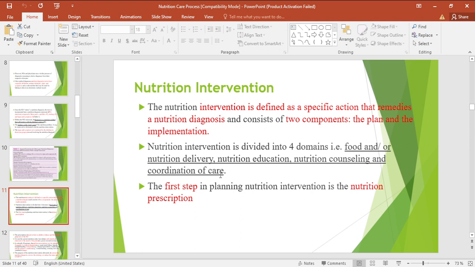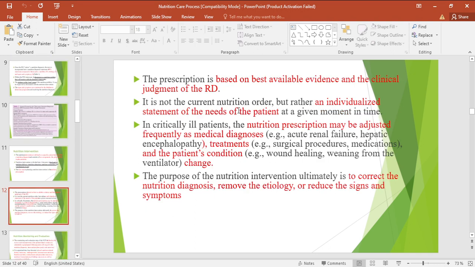And our first step in planning the nutrition intervention is the nutrition prescription. The prescription has to be based on the best available evidence and the clinical judgment of the dietitian. It is not the current nutrition order, but rather an individualized statement of the needs of the patient at a given moment in time. So you have to give the prescription according to the needs of that patient at that given time.